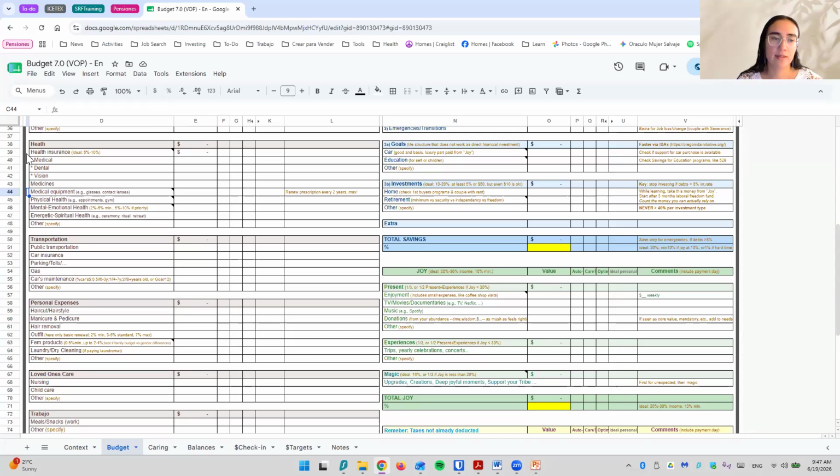Medical equipment. Here is where my glasses budget goes, for instance, and I save it for every year. Then the physical health, if you go to a gym, or for instance, right now I have physical therapy, so I put that budget there because it's like twice monthly or things like that. So think what is regarding your physical health.